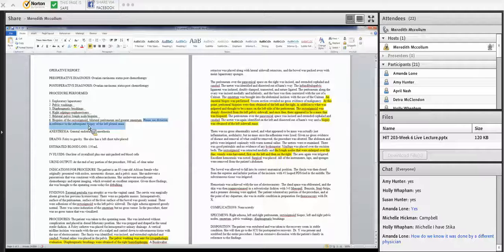You don't have any information from this, so you're not going to be able to code it anyway. And also, "please see dictation in reference to the biopsy that's getting ready to happen," which is telling you, hey, you need to go look at the dictation there.